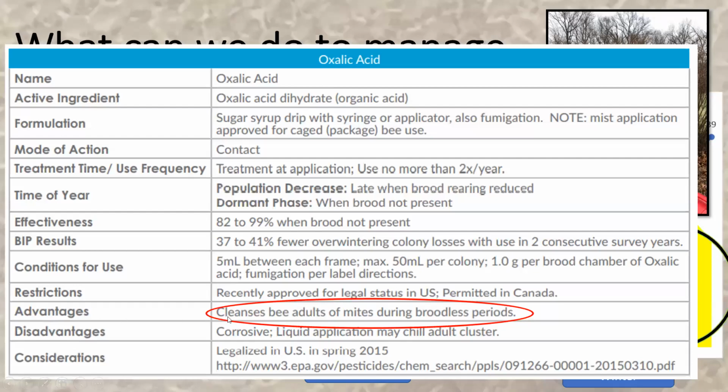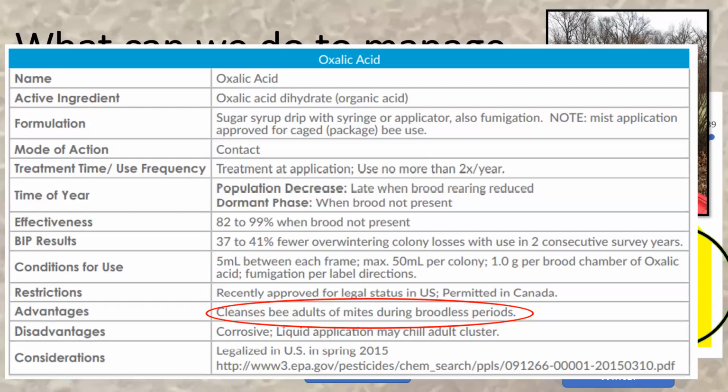So yes, the advantage is that it cleans adult bees of mites during the broodless period. Those broodless periods are in about December, where we're broodless or nearly broodless. During those times, it's very effective, 82 to 99% effective. Go to questions. Oxalic is for December or January.